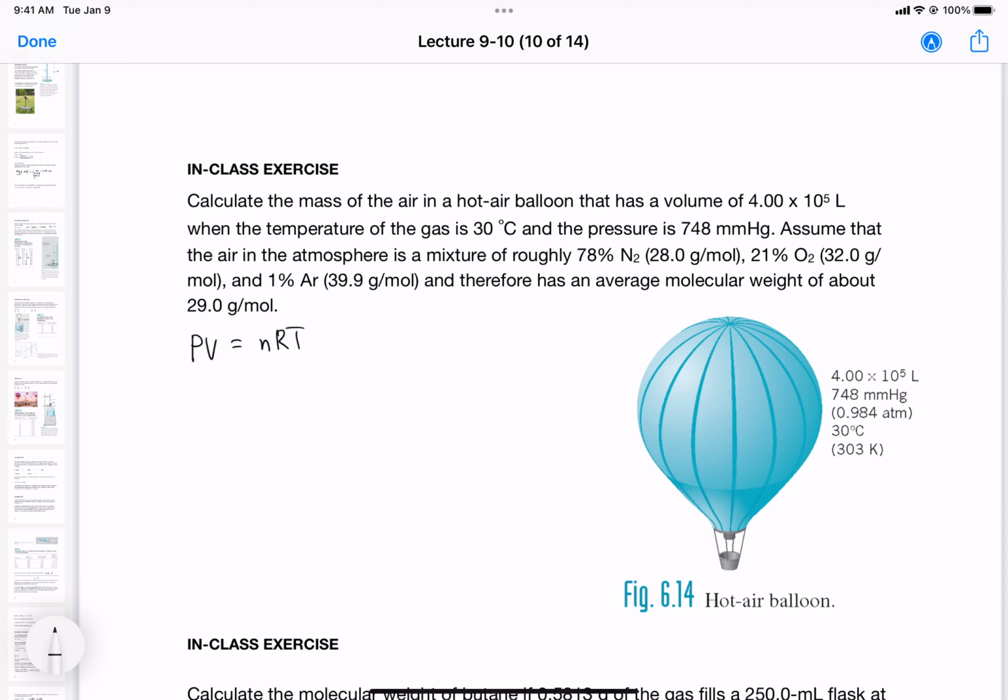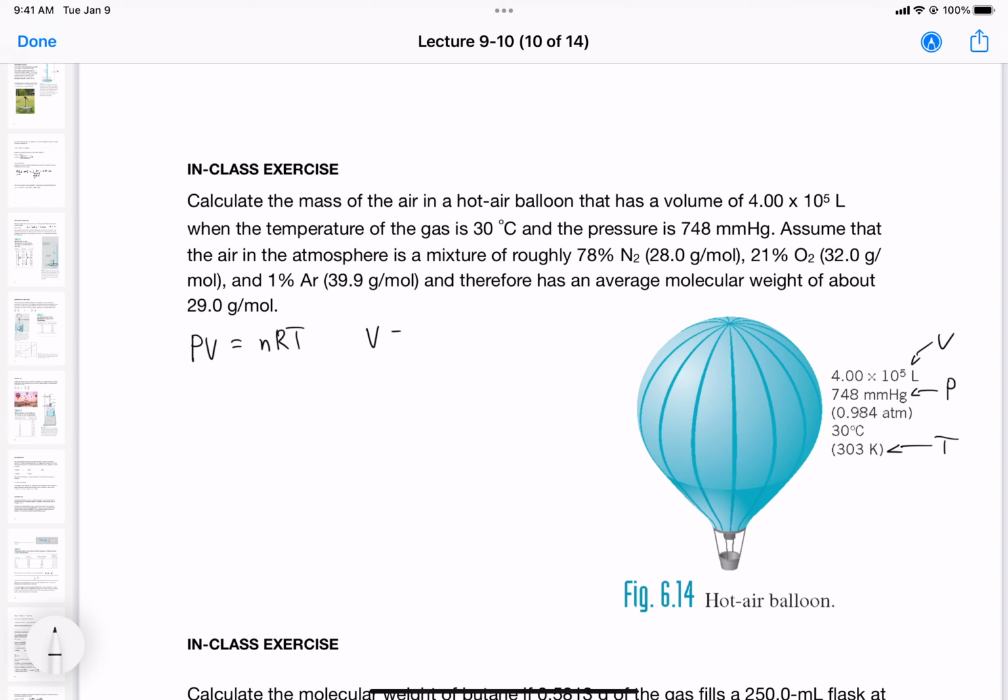We see here we have our volume, our pressure, converted to us in the proper units already. So we don't need to do that necessarily, but if that picture wasn't there, we would be expected to calculate that pressure. And then here's the temperature in Kelvin.